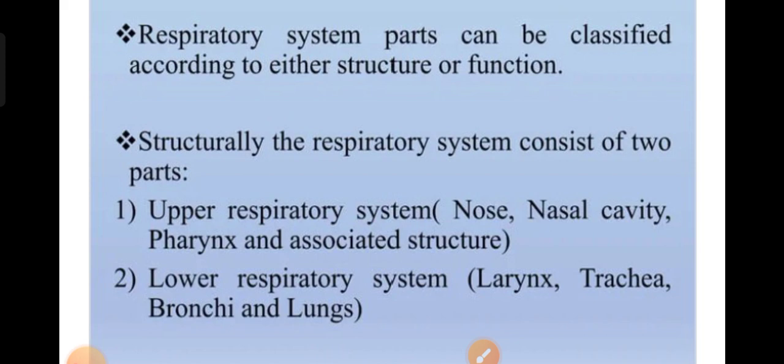The lower respiratory system consists of the larynx, trachea, bronchi and lungs. So the respiratory system can be classified according to structure and according to function. According to structure, there are two types, upper and lower.